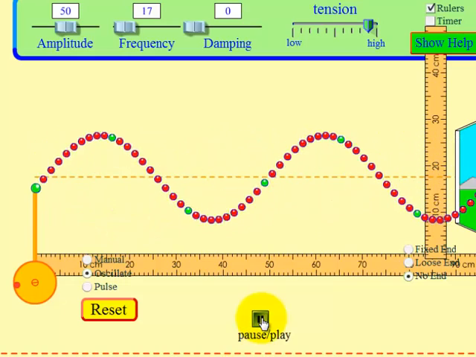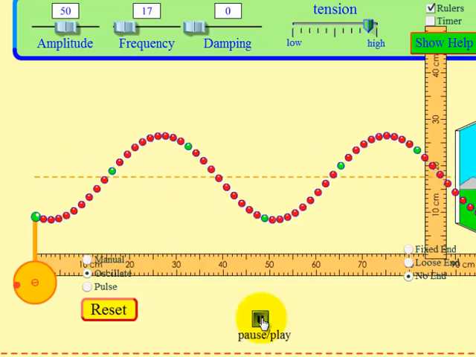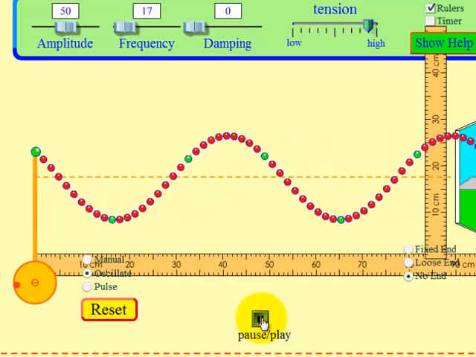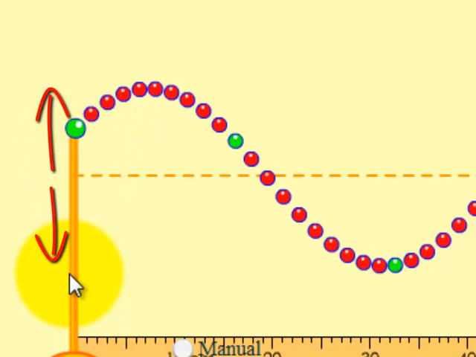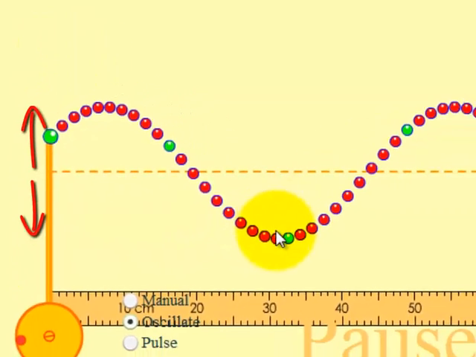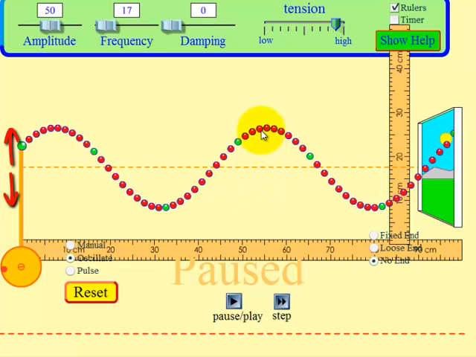Let me pause the oscillations so that we can be able to measure the amplitude of this particular wave. See this particle here? The maximum displacement of this particle in either this direction or this direction is what we refer to as the amplitude of this particular wave. And that amplitude will be equal to this amplitude. It will be equal to this amplitude.